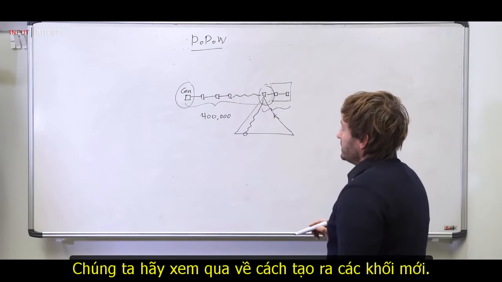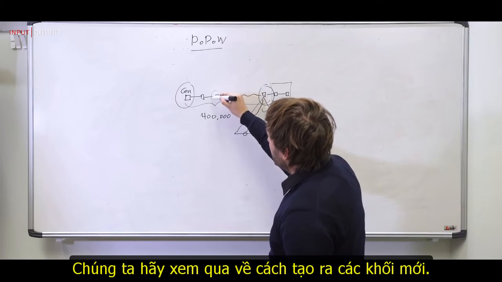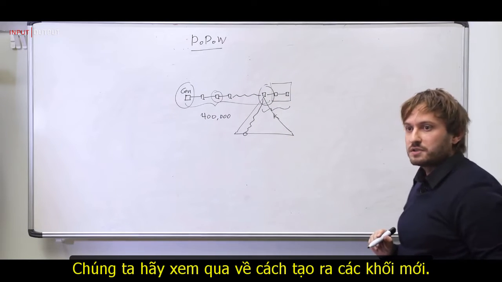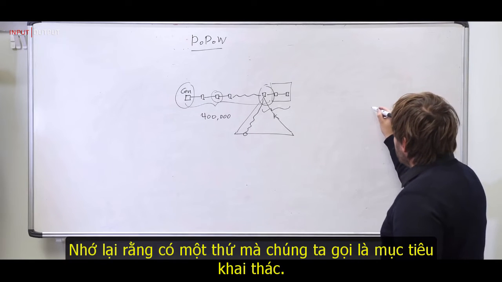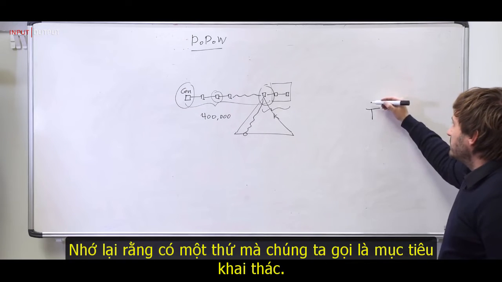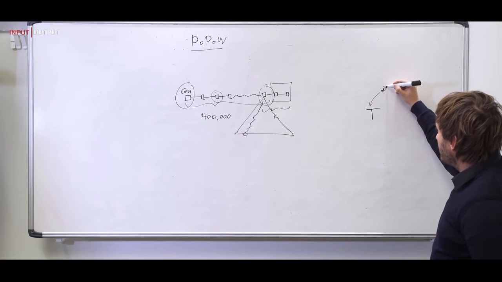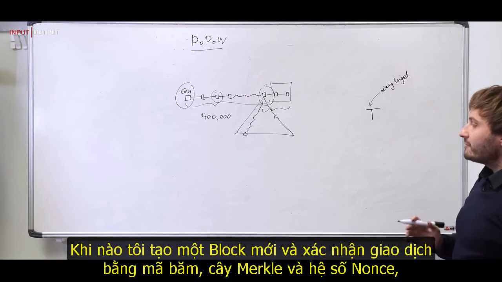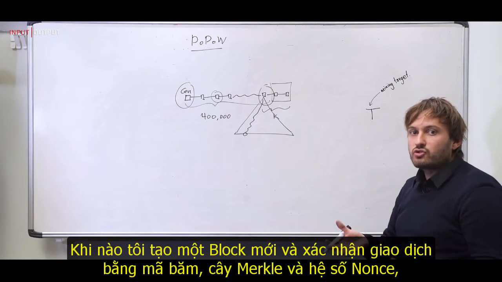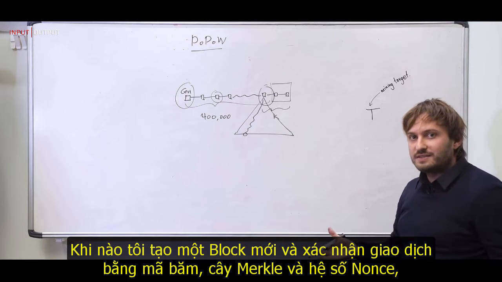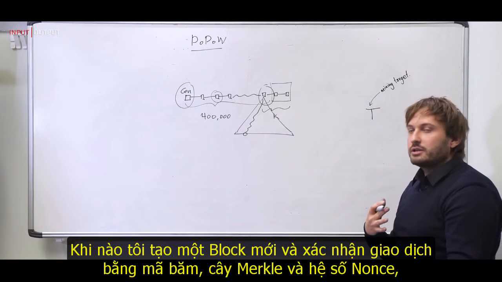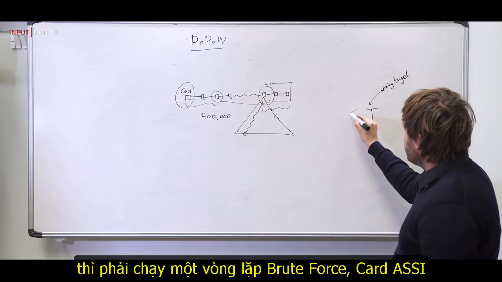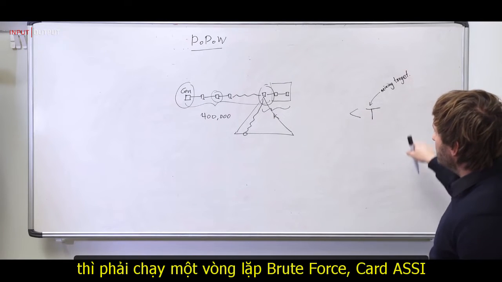So let's look a little bit into how work is done to generate new blocks. Recall that there is something that we call the mining target. And whenever I create a block and I try to confirm some transactions by hashing the Merkle tree root along with some nonce, what happens is I do a brute force loop.